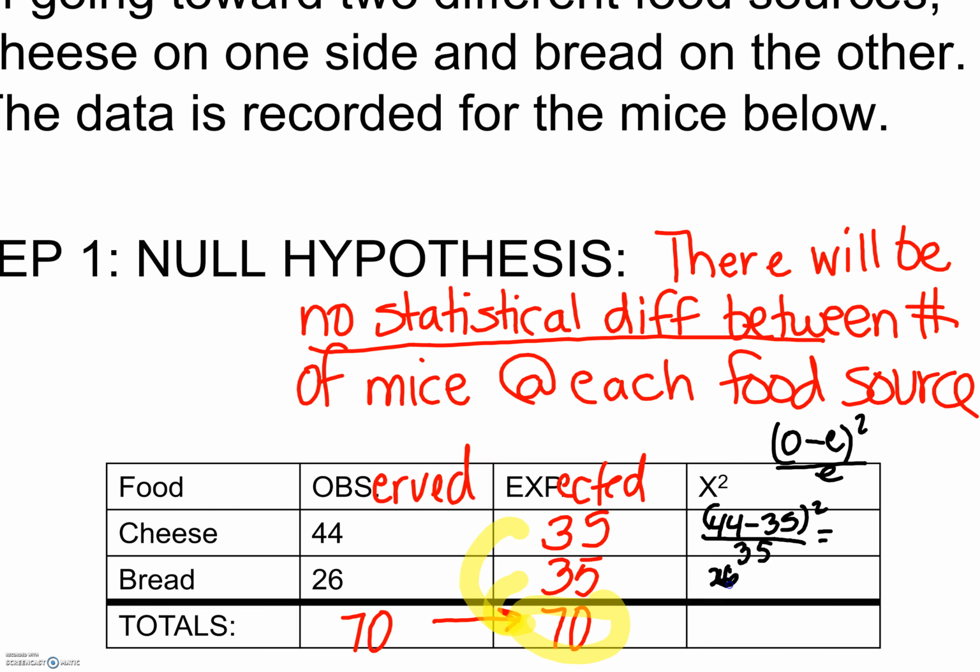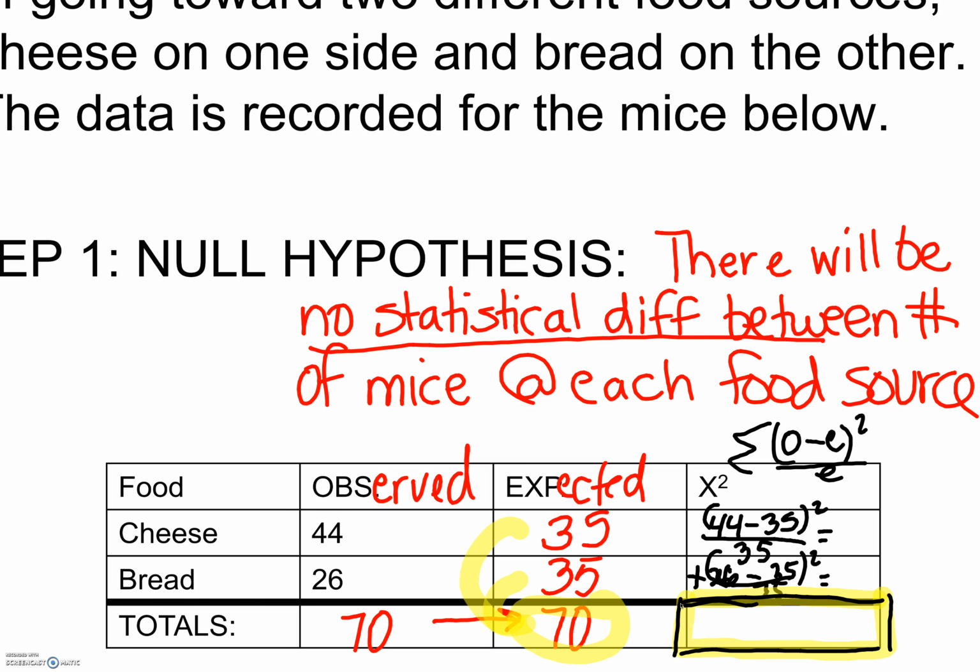Our observed was 26 minus 35 squared over 35. We're going to get a number. Since remember it's the sum, this box is where you're going to add those two numbers together, or if there were 6 numbers, you'd add all 6 numbers together, and that's going to give us our final number. I'll tell you in a second what we're going to do with our final number.